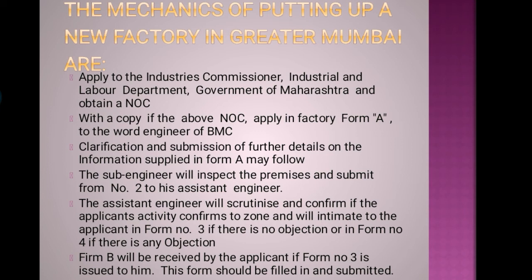So Form number 3 will be issued if approval is given. But if there is an objection by the scrutinizing officer, then Form 4 will be issued.